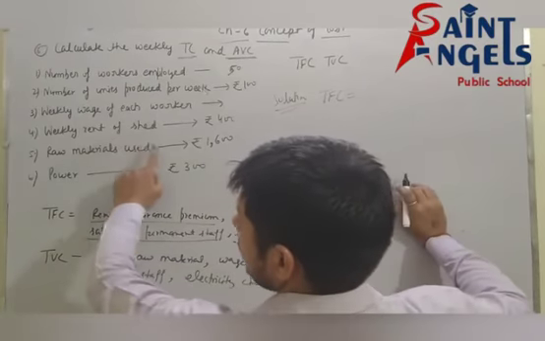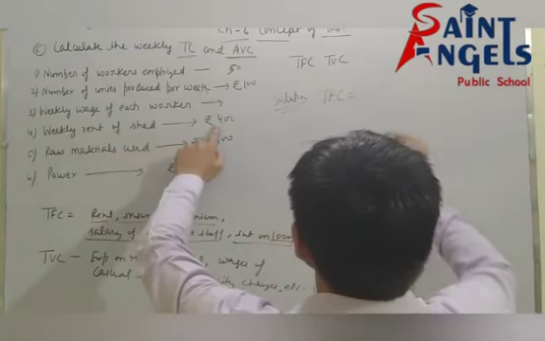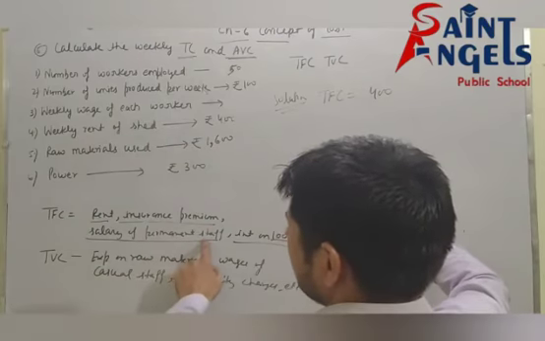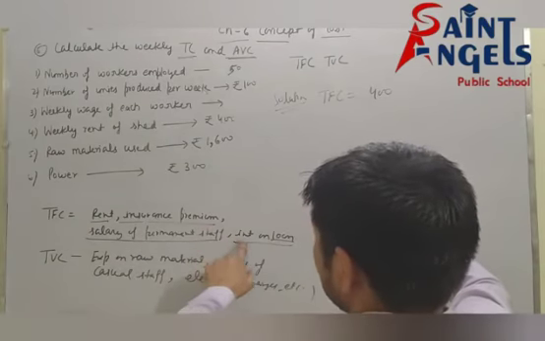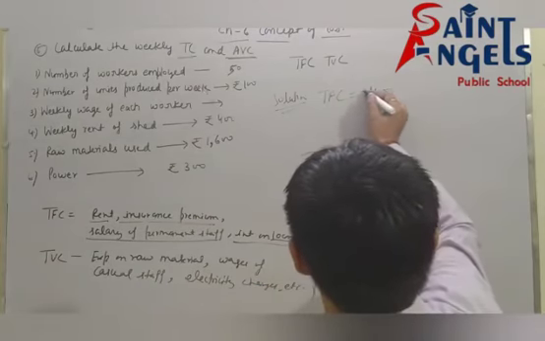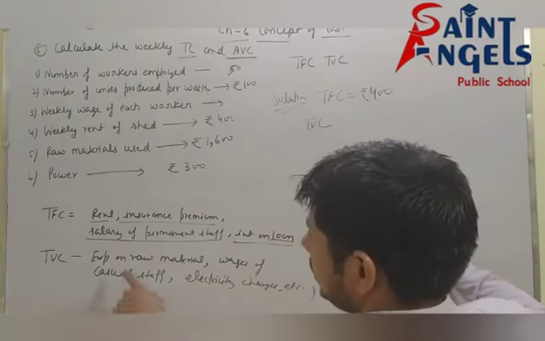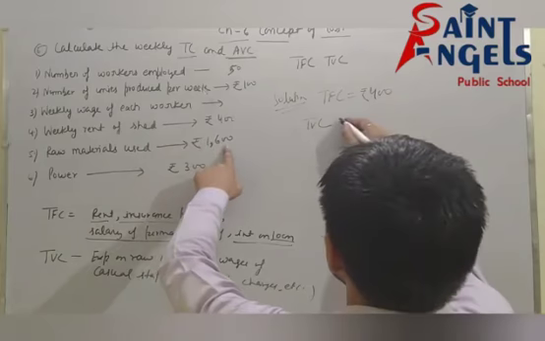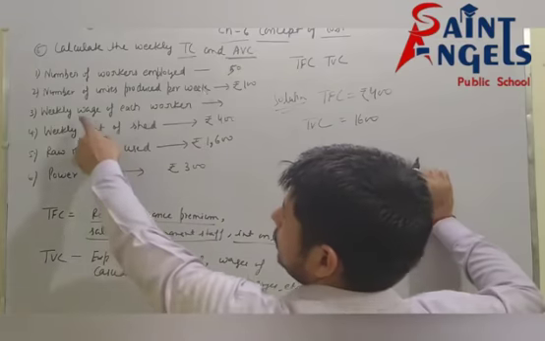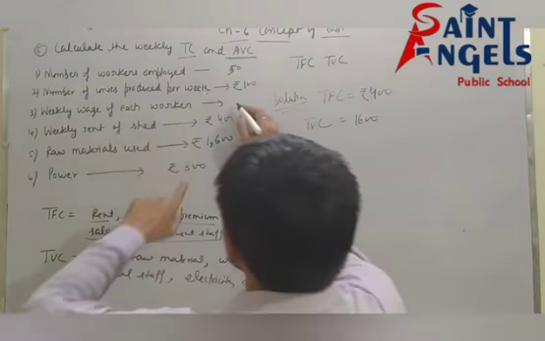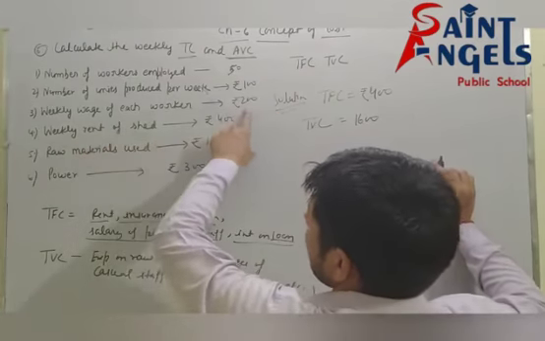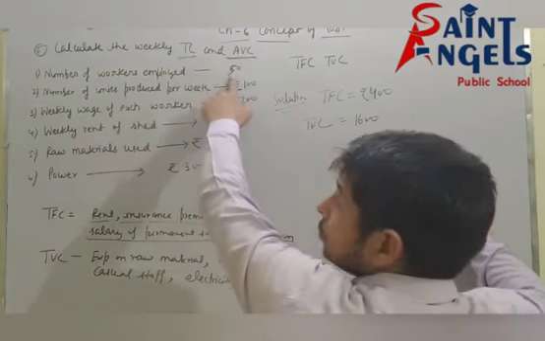Now first of all we will find TFC. Rent is given here, so 400. Insurance premium is not given here. Salary of permanent staff is not given here. And interest on loan is not given here. So it means TFC will be rupee 400. What is TVC? Expenditure on raw material 1600. Wages of casual staff. Weekly wage of each worker is rupee 200, but number of workers employed is equal to 50.